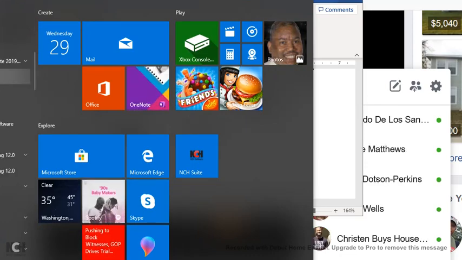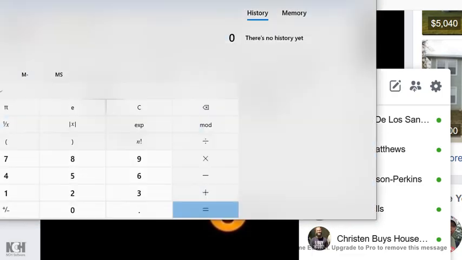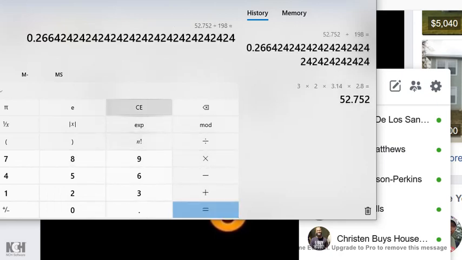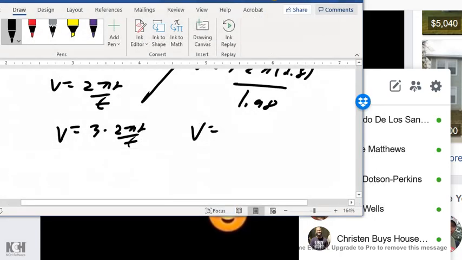We've got 3 times 2 times 3.14 times 2.8 divided by 1.98, which should be 26 point something. 26.64. My math was off because I didn't include the decimal. So this right here turns out to be 26.4. What are my units? Meters per second.